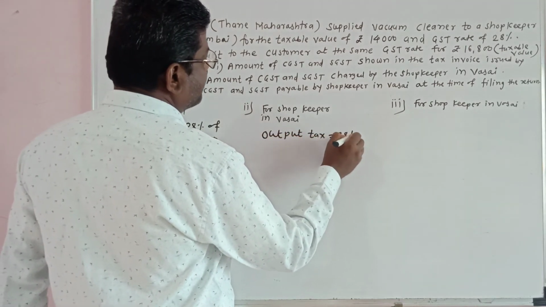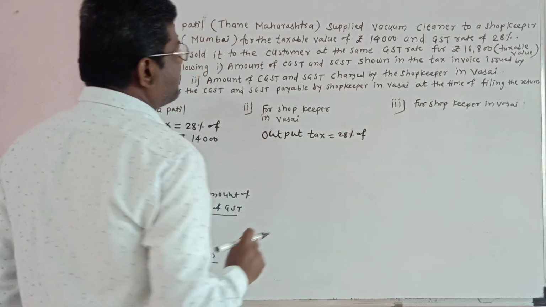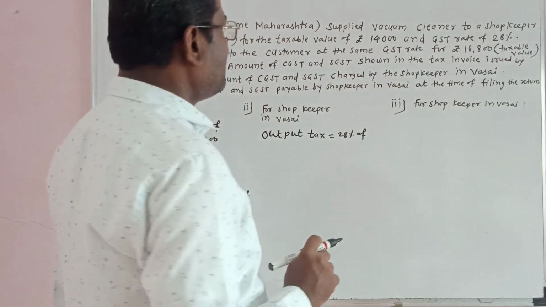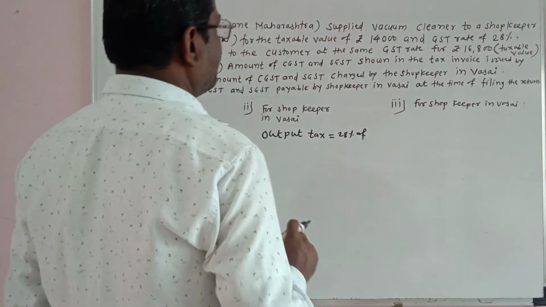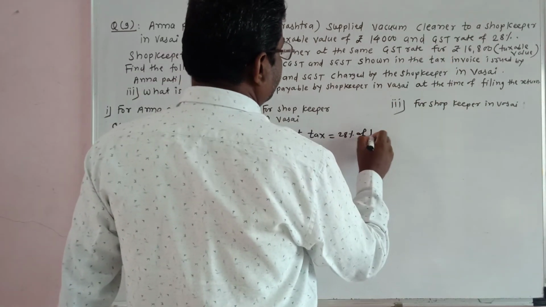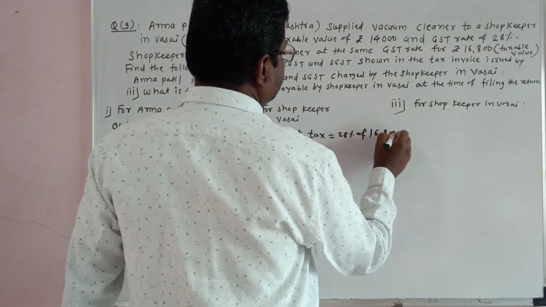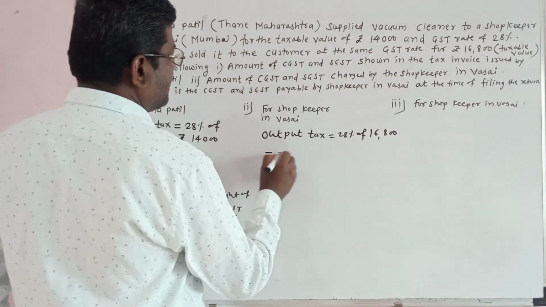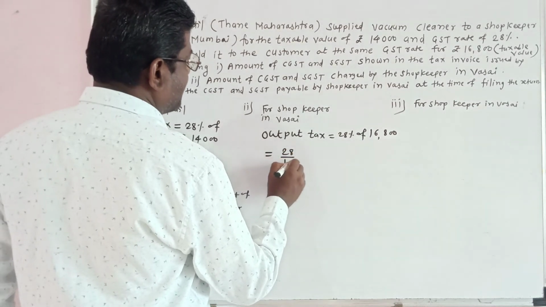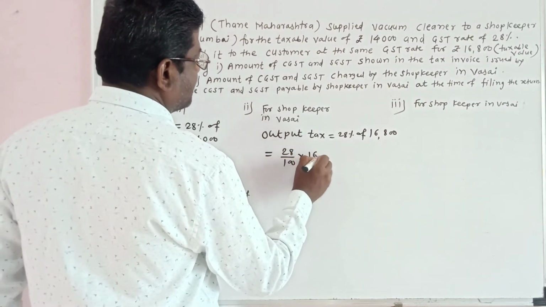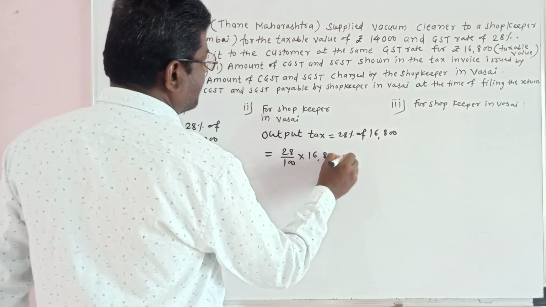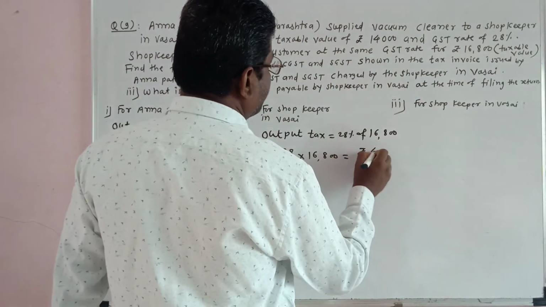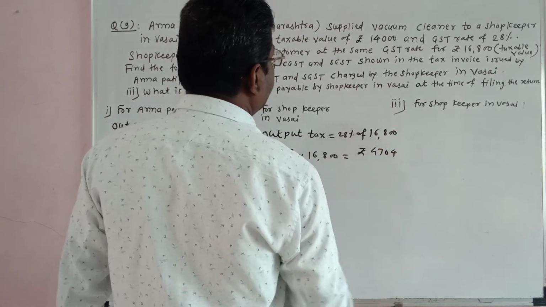Now output tax is 28% of sale value. 28% of sale value 16,800 is equal to 28 upon 100 into 16,800, that will be rupees 4,704.